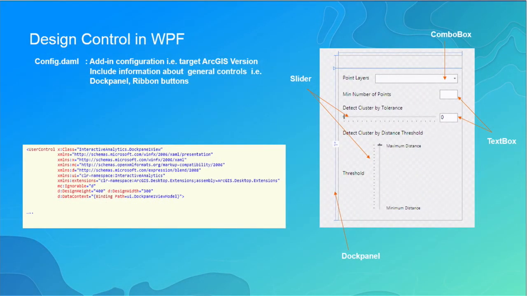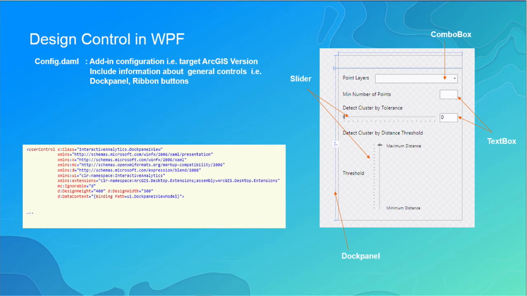Okay. When you are designing, creating the add-in, you put all this information, but internally you have one file that is the config .xml. That config is the information of all the big components that are inside of the add-in. Okay, for example, you have a button inside the ribbon in the ArcGIS Pro, and the information is going to be there, and it's going to be a method that is going to be called by the add-in.